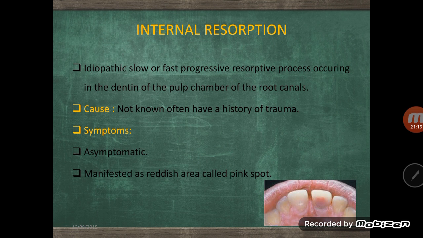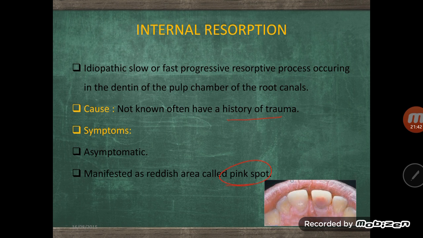The next is internal resorption. It's an idiopathic, slow or fast progressing resorptive process occurring in the dentin of the pulp chamber or root canal. The cause can be a history of trauma. It is asymptomatic, completely manifested as a reddish area called a pink spot.